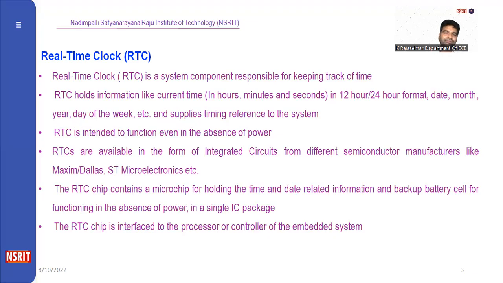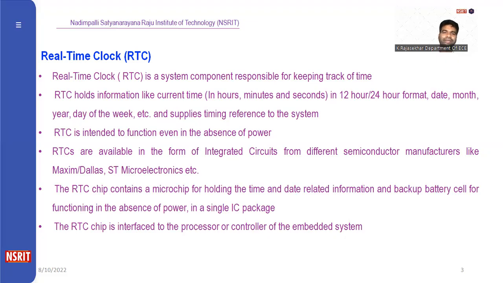These real-time clocks are available in the form of integrated circuits from different semiconductor manufacturers like Maxim, Dallas, ST Microelectronics, etc. This real-time clock chip contains a microchip for holding data like time, date, related information, as well as a backup battery cell for functioning in the absence of power.